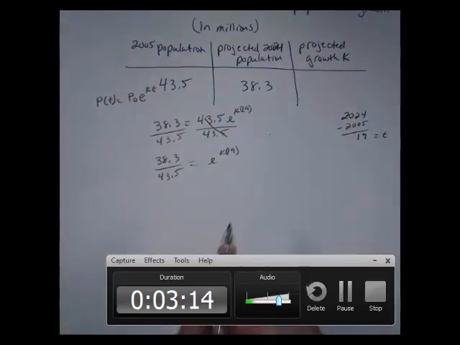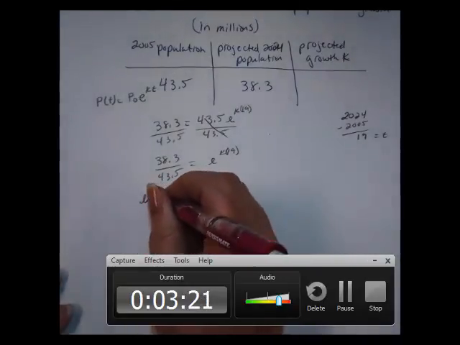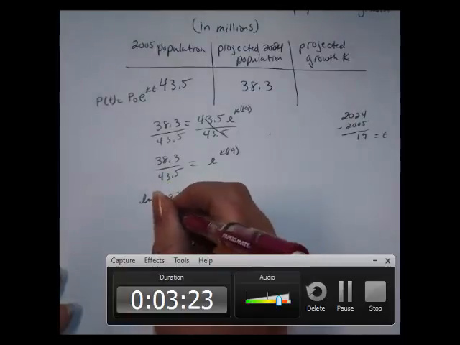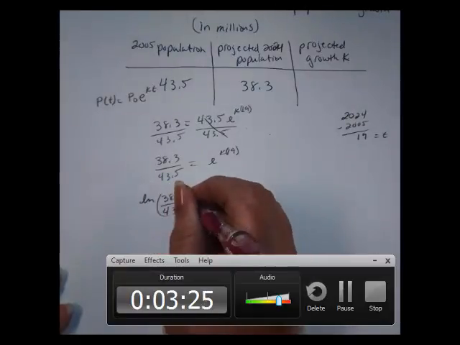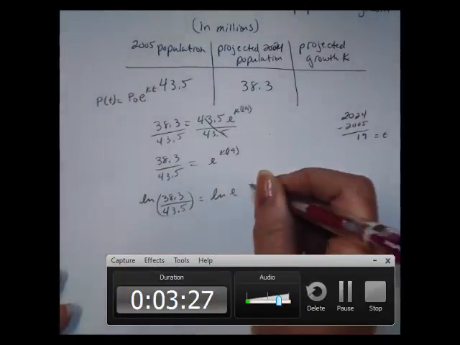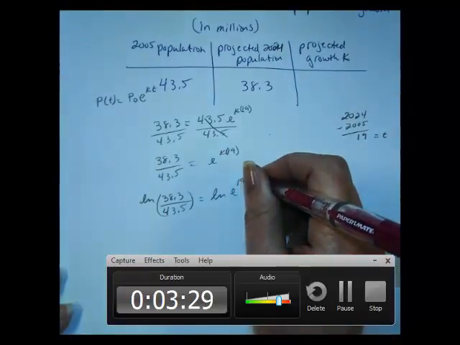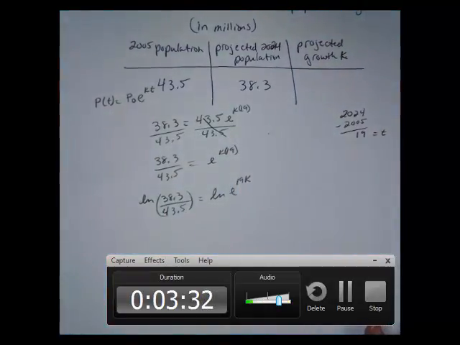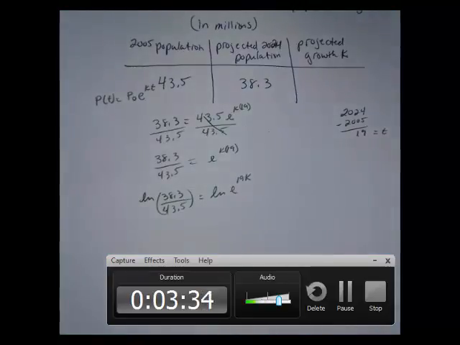So now we need to get rid of the e. To undo the e, we use ln. What we do to one side, we do to the other. So we're going to take the ln of both sides, and I'm going to write that as 19k just because it's more natural that way.